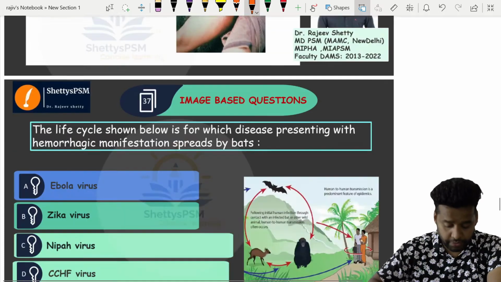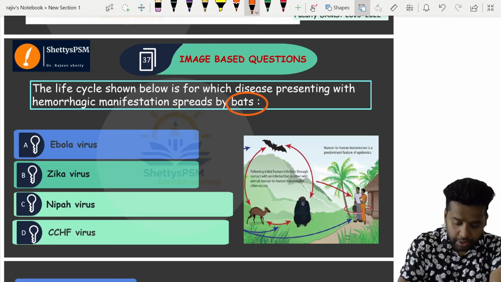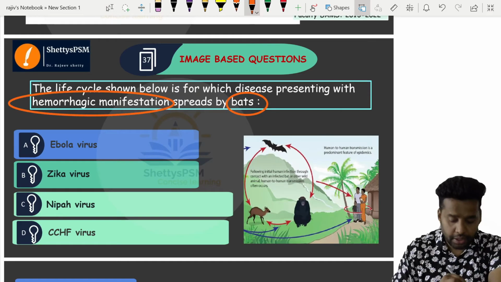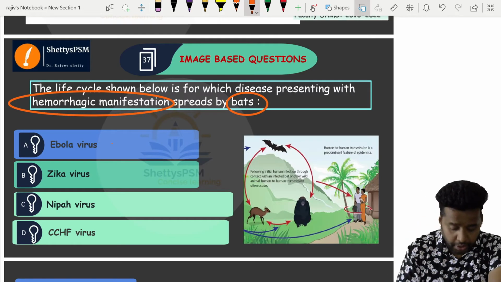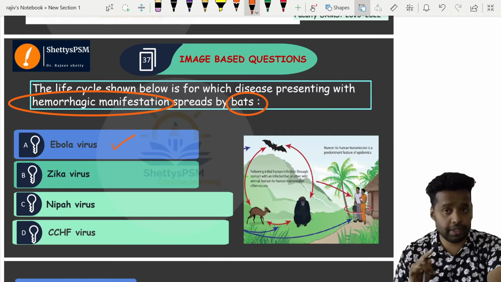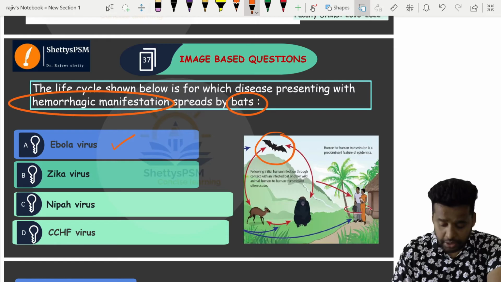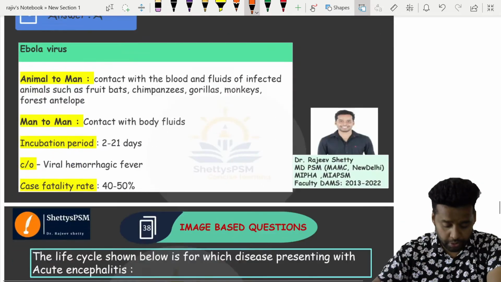Rat flea, Xenopsylla cheopis. What you are seeing are bats, and they are giving hemorrhagic manifestation. Bats and bleeding, if both are given in the option, the answer is Ebola, not Nipah. Bats and encephalitis is Nipah. Bats and bleeding, then you have to answer it as Ebola hemorrhagic fever.